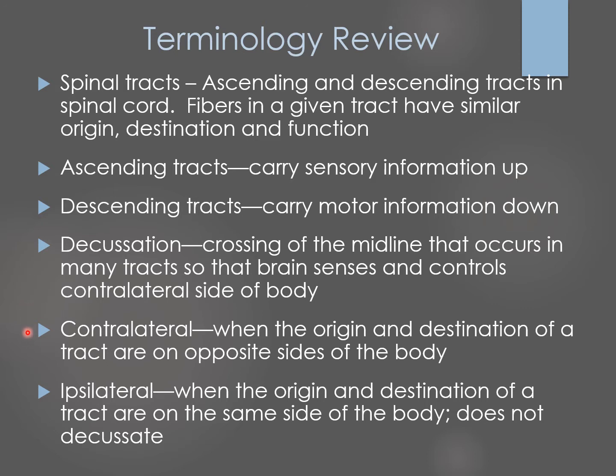When that crosses over, that's called contralateral. And so we're talking opposite sides of the body, and we've used this term before. Ipsilateral is when they stay on the same side of the body.